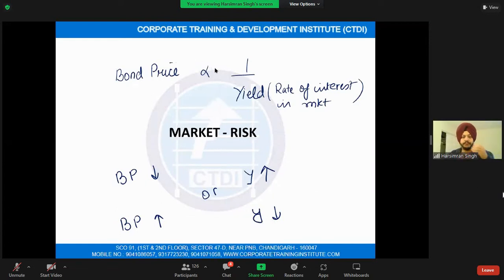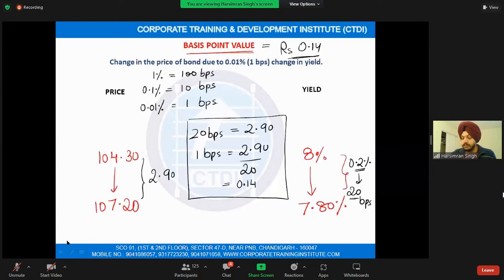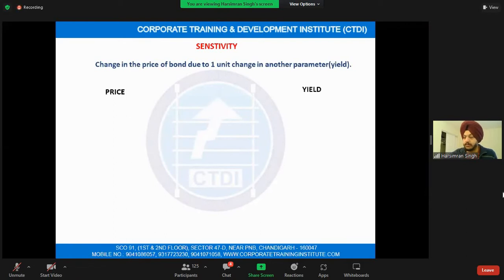No problem. Now, so first thing is this. What is sensitivity? So he says, now let us say we buy a bond, and interest rate in the market goes up or down.